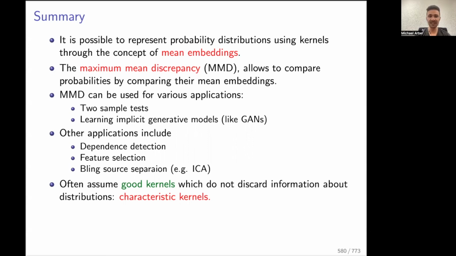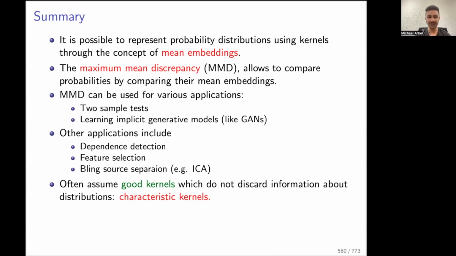And this discrepancy is nice because it has a very easy way to be estimated using samples, and it can be used for various applications such as two-sample tests and for learning implicit generative models, which we discussed. But there are also other applications that we did not talk about, such as dependence detection, where we'd like to decide whether two variables are independent or not, and feature selection and blind source separation.